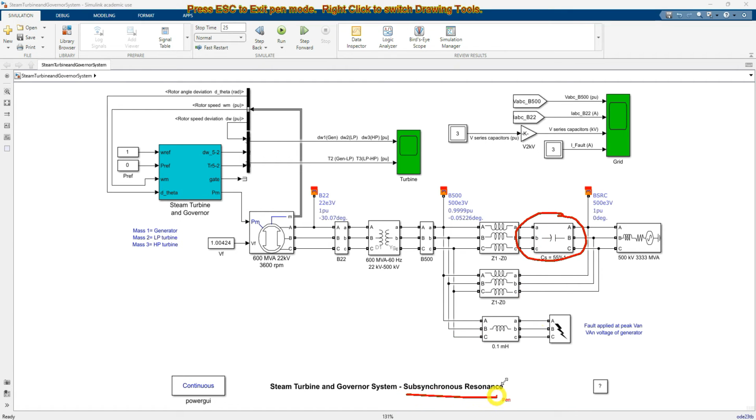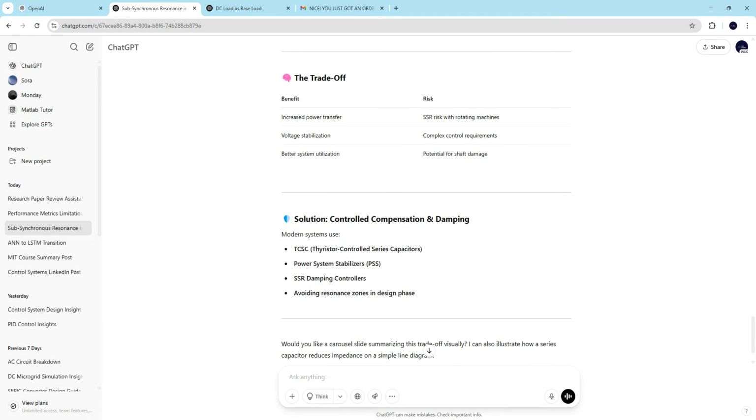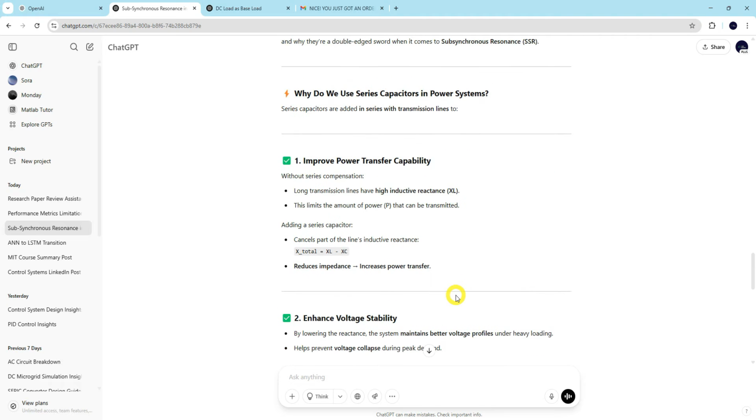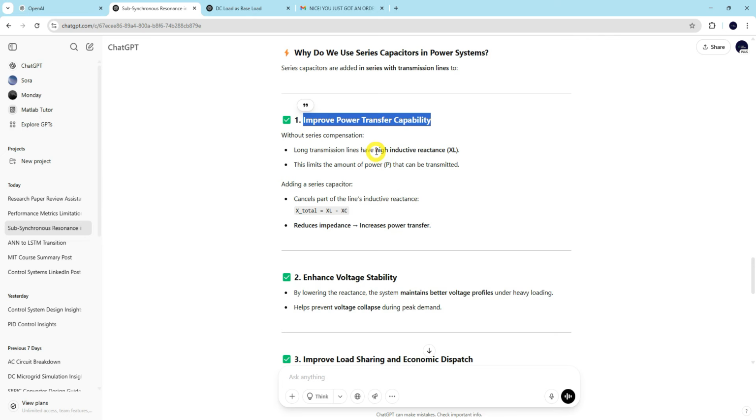happens. But why are we using this series capacitor in the transmission line? It has some advantages. It improves the power transfer capability. For example, a long transmission line has high inductive reactance.